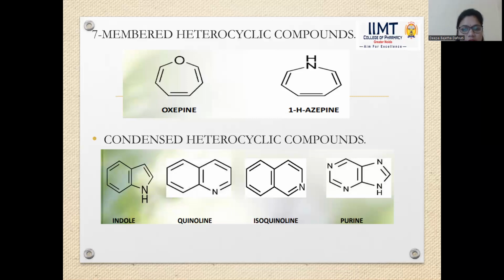Next one is isoquinoline. Isoquinoline is an ortho-fused heteroarene, that is benzopyridine, in which the nitrogen atom is not directly attached to the benzene ring. And purine is a heterocyclic aromatic organic compound that consists of two rings. The first one is pyrimidine, which is a 6-membered ring, and the second one is imidazole, that is 5-membered, fused together.